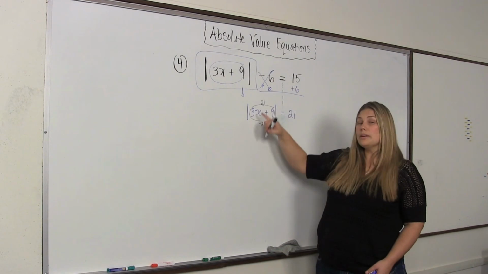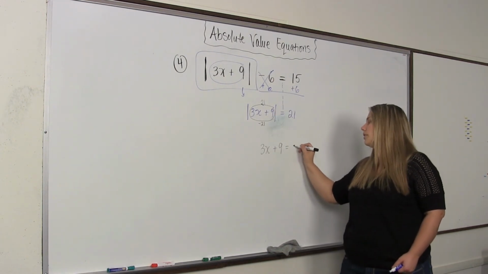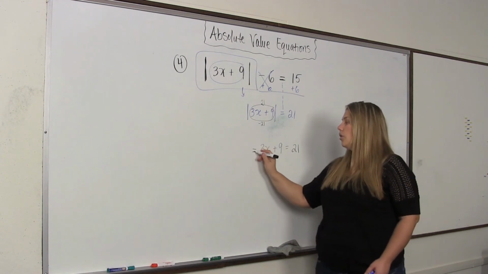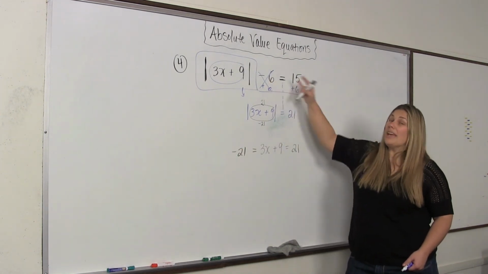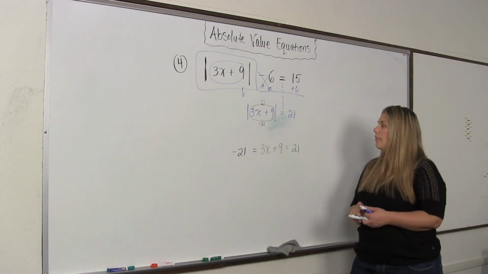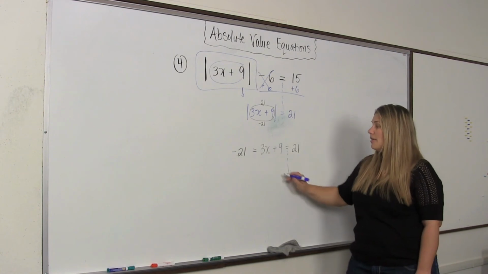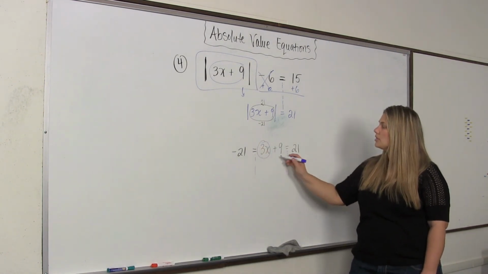So only what's in the absolute value bars is what's going to equal the positive or the negative. So make sure anything extra, we have to get rid of that first before we separate into the compound. If you follow that step, everything else is exactly the same as we've already been doing.